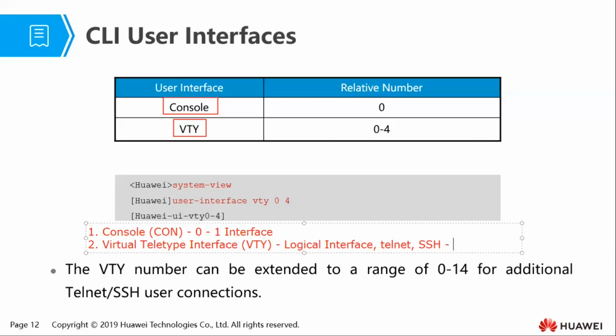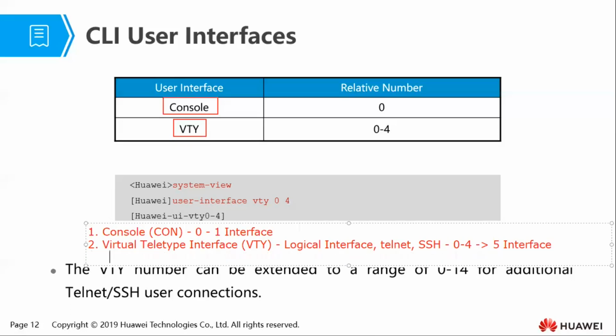This interface can have relative numbers all the way from 0 to 4, which gives you 5 simultaneous interfaces. So 5 people can log in through Telnet or SSH at the same time with the virtual teletype interface.